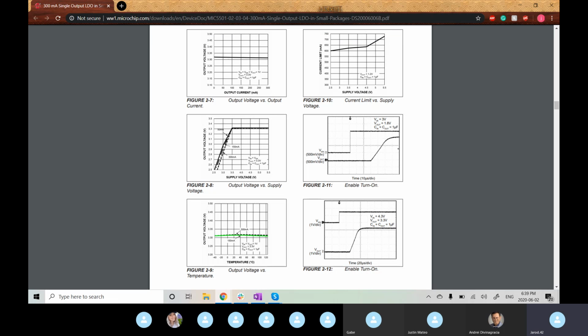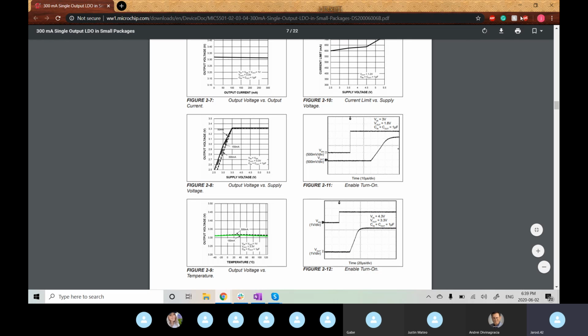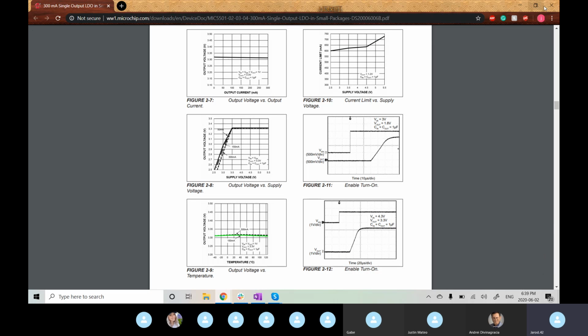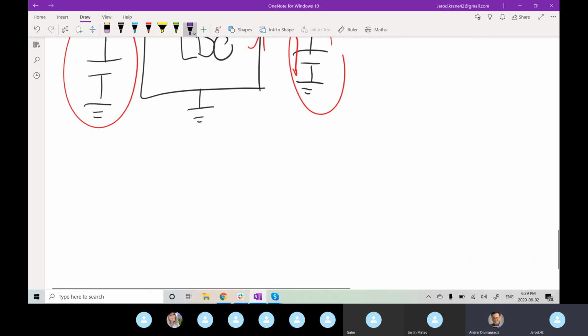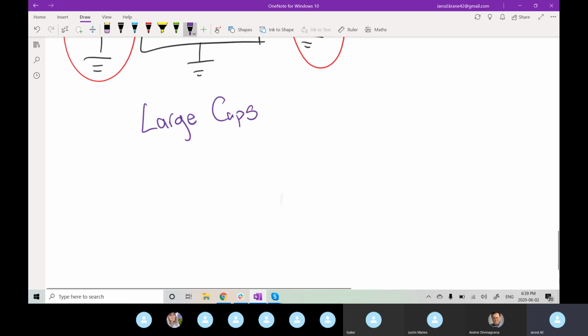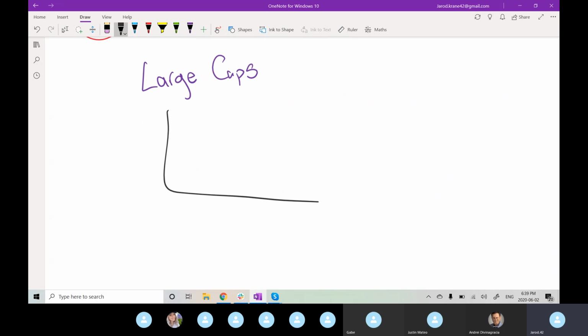Now you would be able to play with these capacitor values. Decreasing them would have a sharper step. So if you have large caps, your input would be that, and your output would be much slower, but you would basically never overshoot.